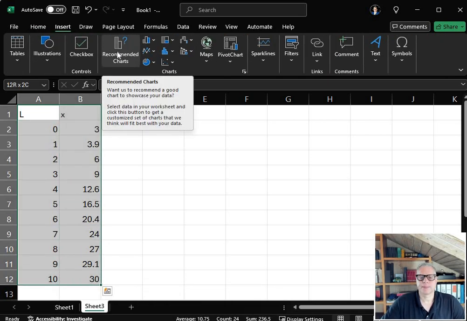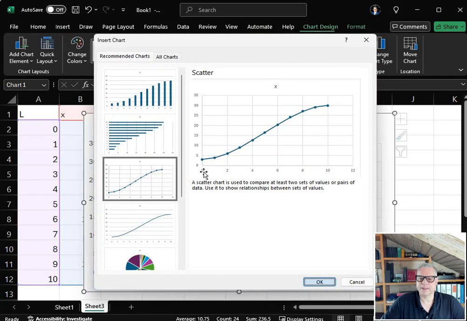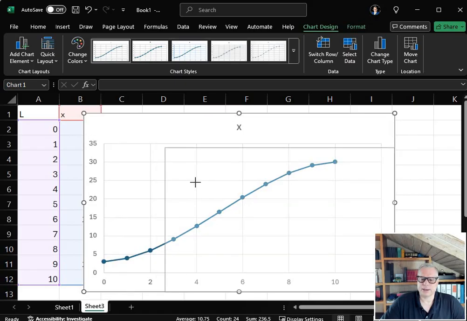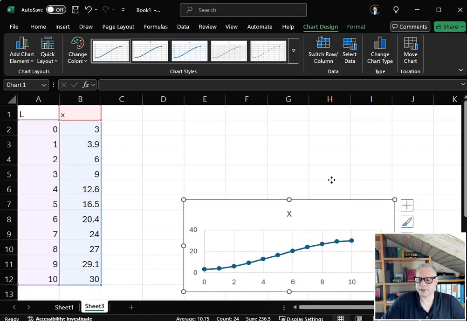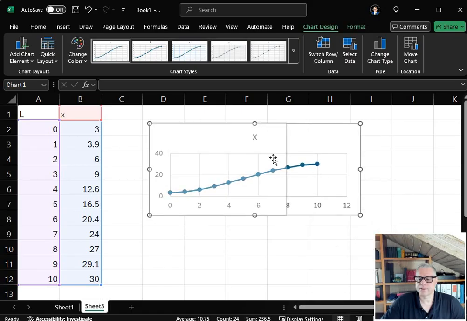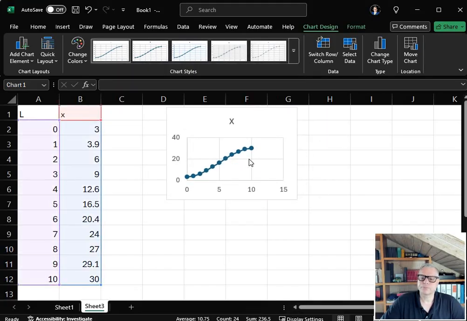Okay, so let's draw it. Insert, recommended charts. And you see we now get a nice S-shaped graph.